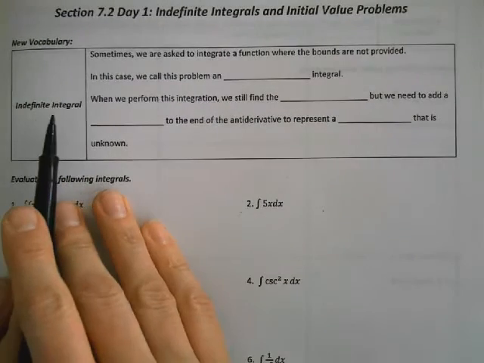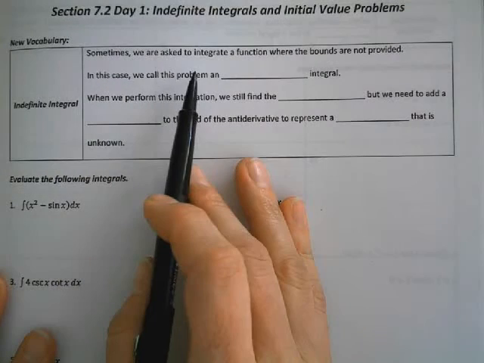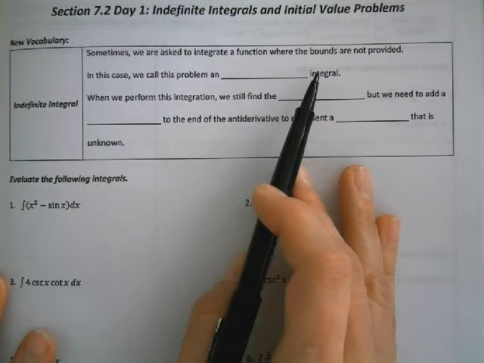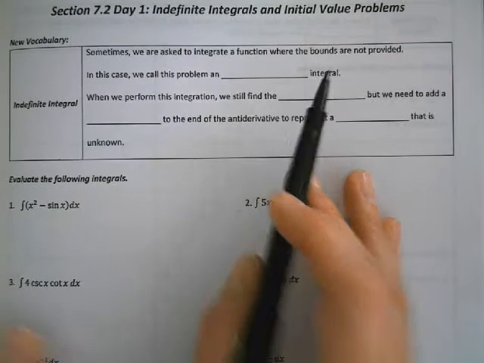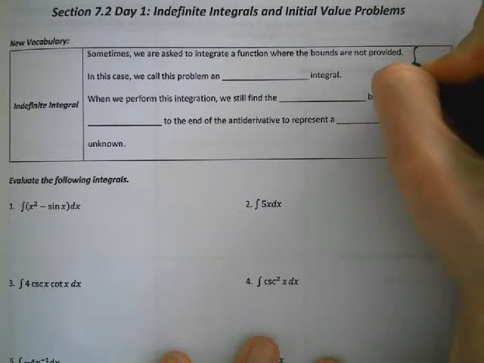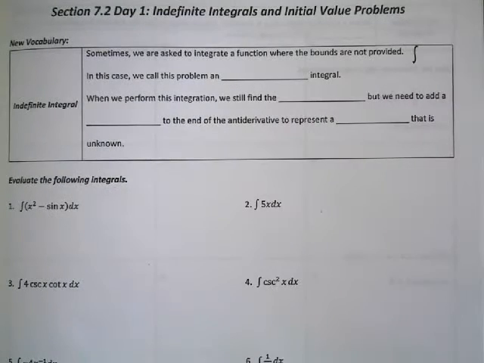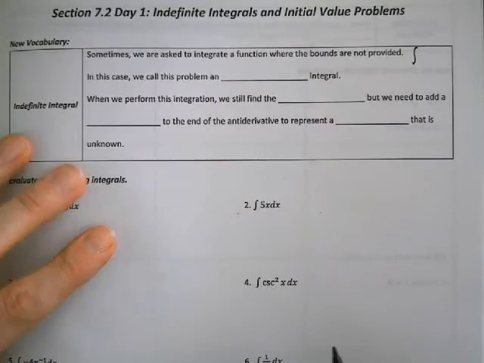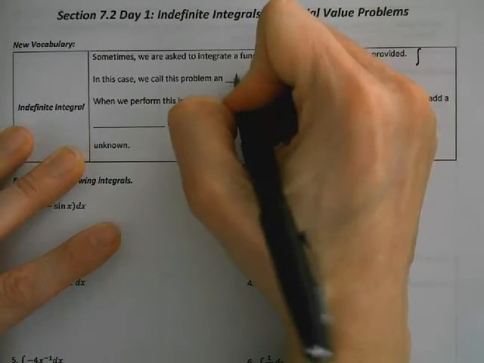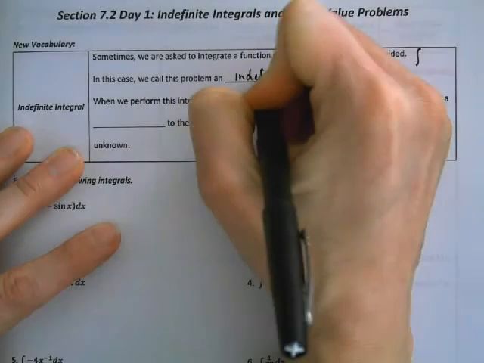So we're talking about indefinite integrals. Sometimes we're asked to integrate a function where the bounds are not provided. In other words, when we see our integral, we're used to having an upper bound and a lower bound, a number here, but sometimes we're not given those bounds. In this case, we call this problem an indefinite integral.